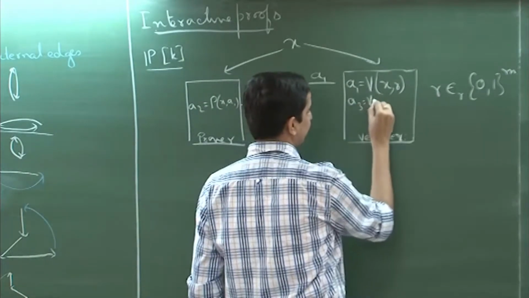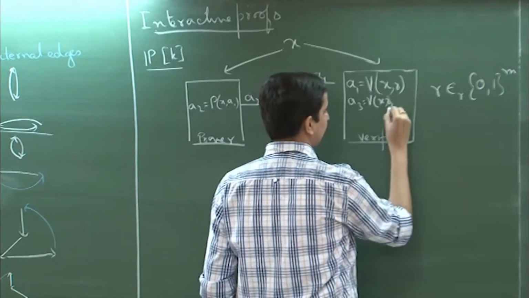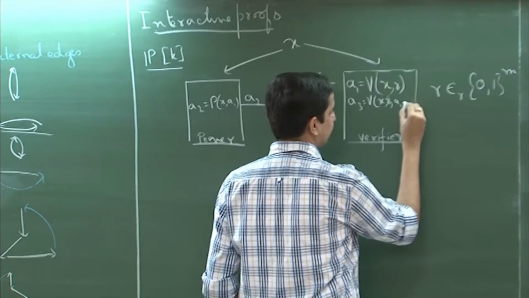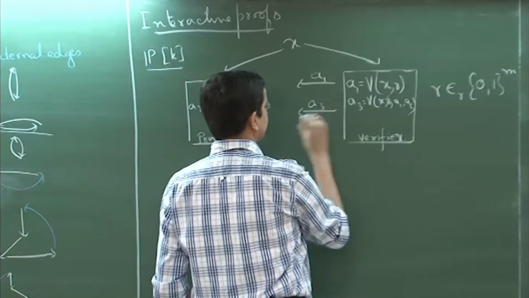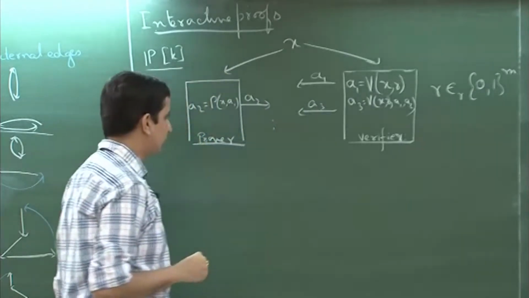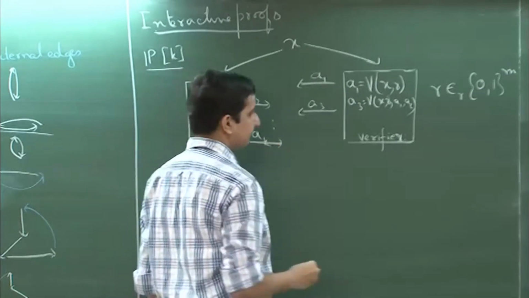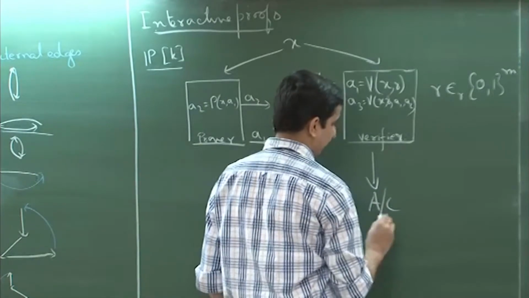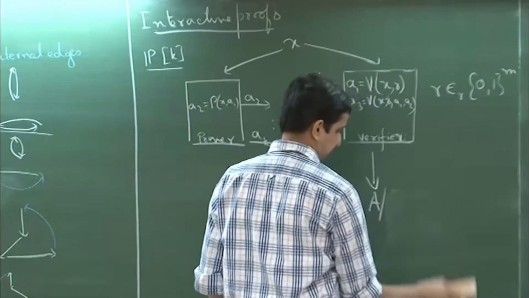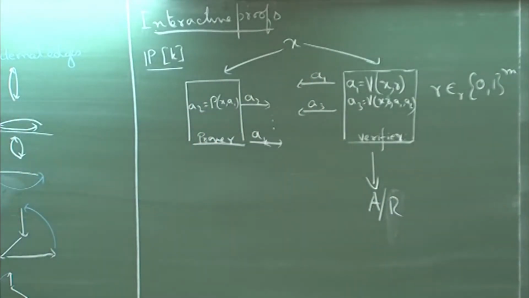The verifier computes A3 depending on x, r, A1 and A2, sends it to the prover, and so on. Finally, the prover sends some answer AK, and based on that the verifier decides whether to accept or reject the input x. So, this is essentially what the model is.